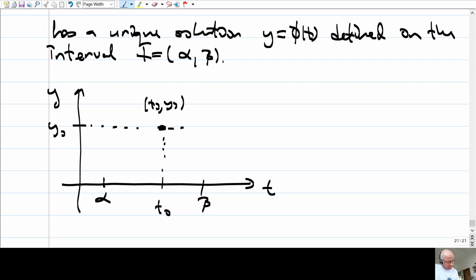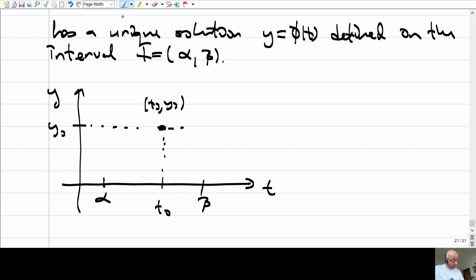t0, y0, and what this theorem tells us is that as long as p and q, the coefficient functions, are continuous, for any choice of t0 in the interval alpha beta, and for any choice of y0, there is no condition on y0, it can be anything, the initial value problem has a unique solution.